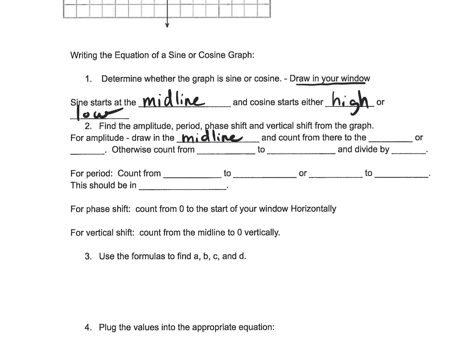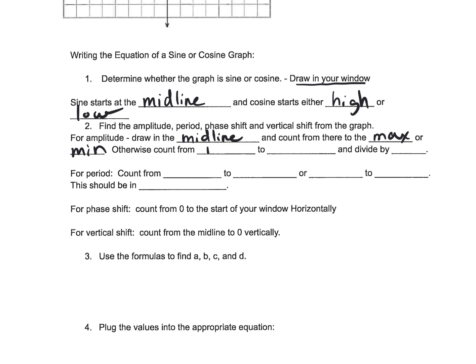Because if you've got the window, you know the period. You also know the amplitude, don't you? Because you can check from the midline to the high, or the midline to the low. You can figure out the phase shift by figuring out how far away from 0 it is, and the vertical shift by how far away the midline is from the x-axis. All of those things are going to pop right out. And once you have those, you have A, B, C, and D, or you can at least get them. So, draw the midline and count from there to the max or the min. Doesn't matter which one.